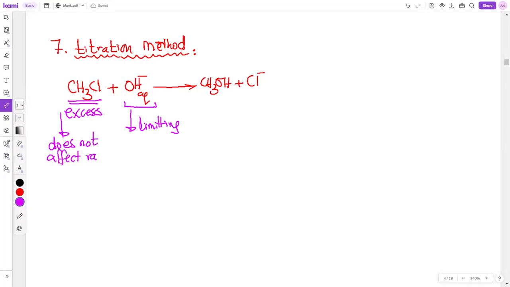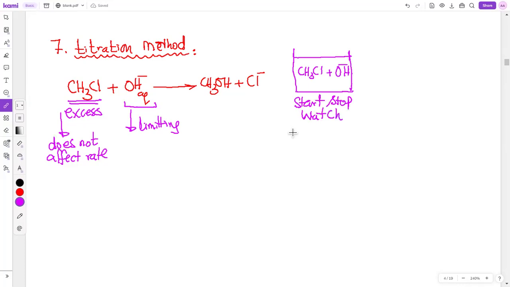Okay. Now, what is better done is that we will take a container. In this container, we will mix the two reactants, this chloromethane and OH. As soon as we mix the reactants, we will start the stopwatch.